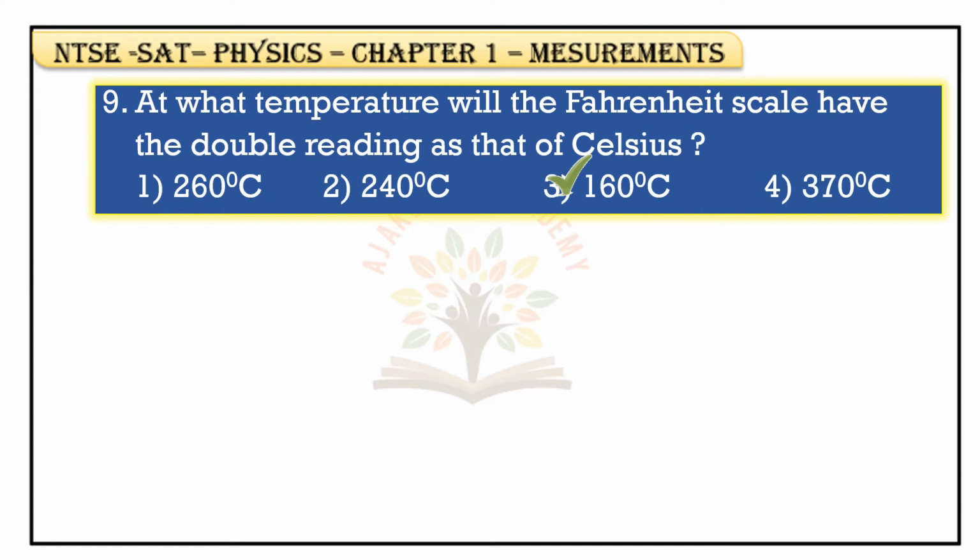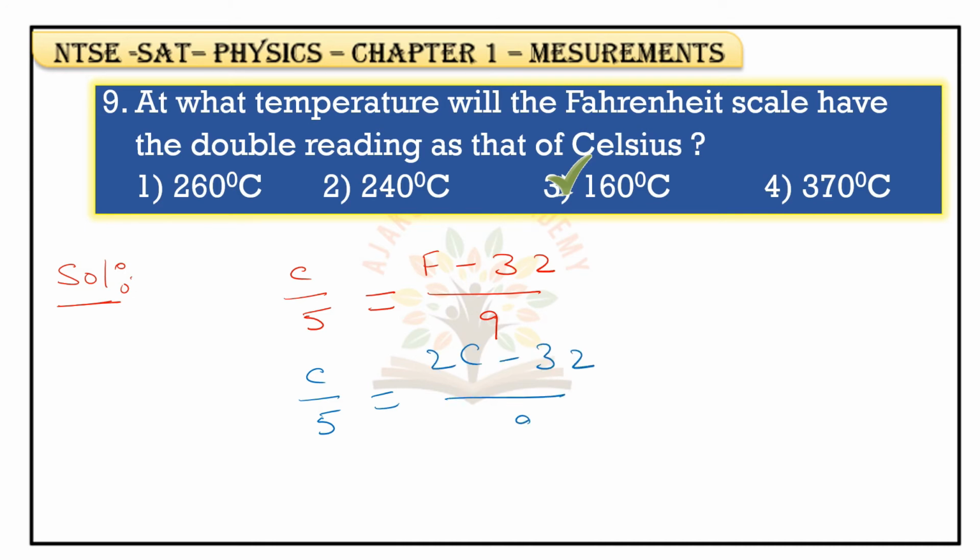The relation between Celsius and Fahrenheit is C by 5 equals F minus 32 by 9. In the place of F we write 2C, so that is (2C minus 32) by 9. Now taking cross multiplication, 9C equals 5 times 2C, that is 10C, minus 32 into 5.